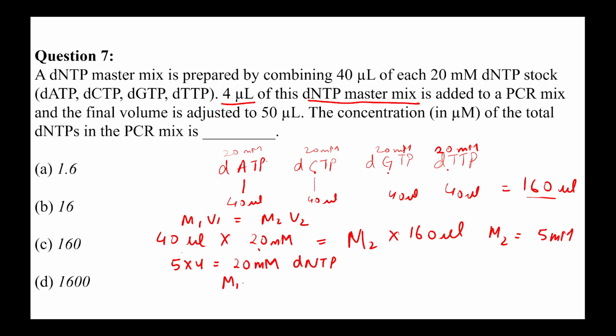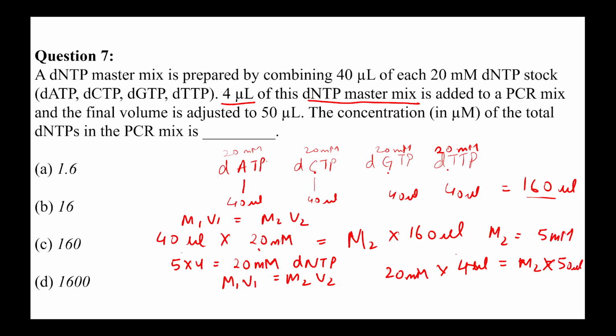Again, we will have M1V1 is equal to M2V2. How? We have 20 millimolar master mix multiplied by 4 microliter that we are taking, and the final M2 is what we have to calculate, and the final volume that we have, V2, is 50 microliter.